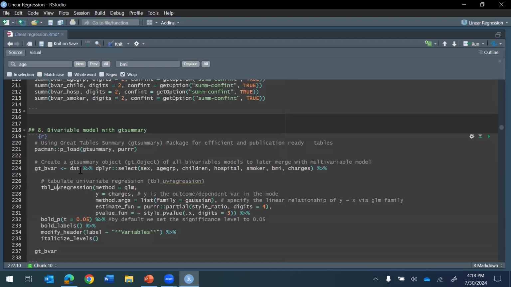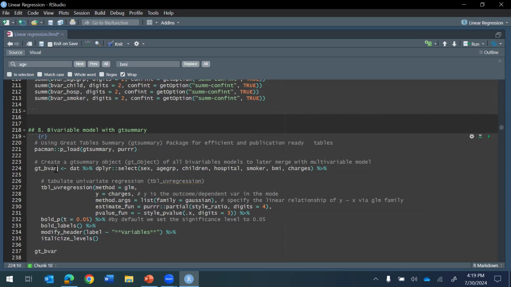So you specify the data set and then select the variables that you want to generate bivariable or univariate models for. And you specify the method. We'll use GLM. I'll explain all this in our next session to become much clearer. So we use the generalized linear regression model, and we specify the family, which is Gaussian for linear regression. These are just functions that we have. We want our estimates to be to 4 decimal places. We want the p-value to have 3 decimal places. We want it to be bolded at 0.05 and so on and so forth.